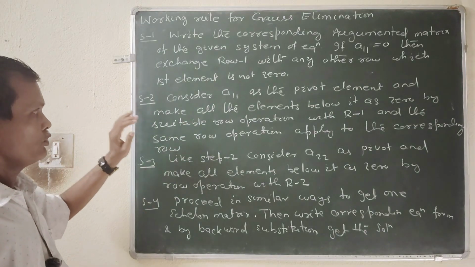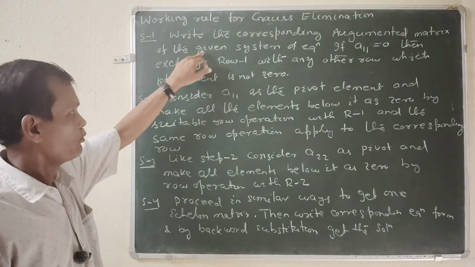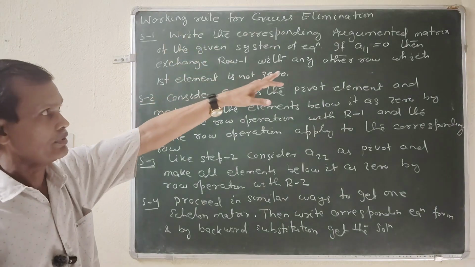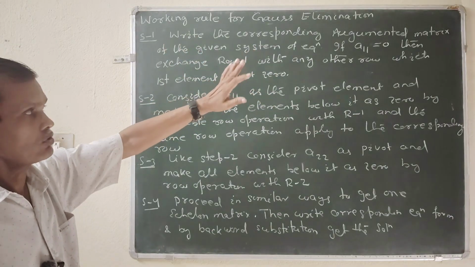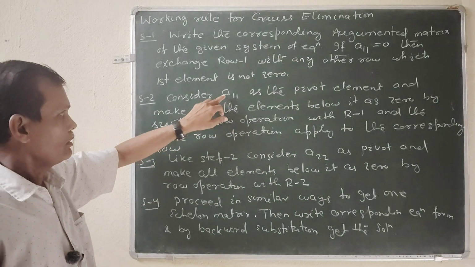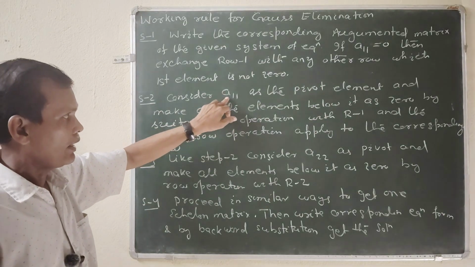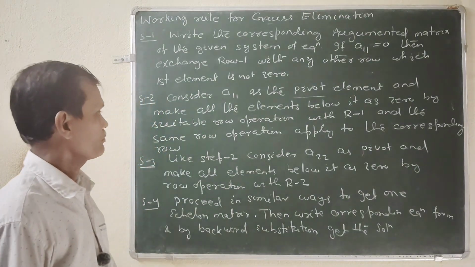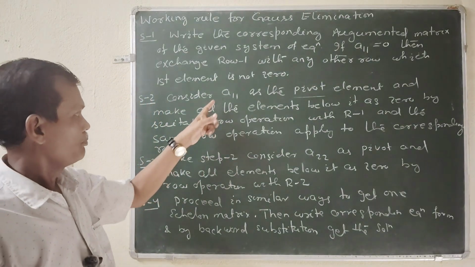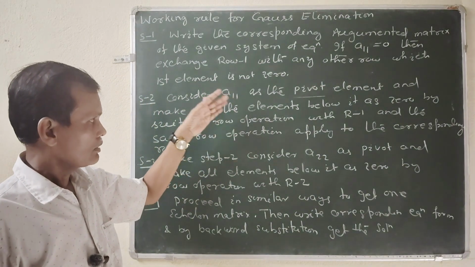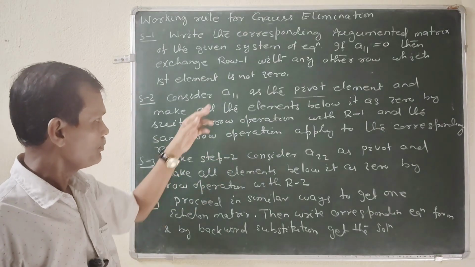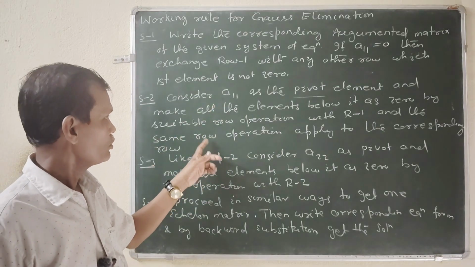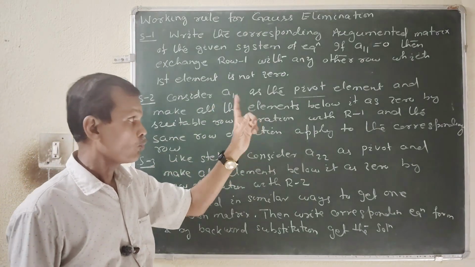In the second step, what do we do? In step 1, we have arranged that A11, the first row first column element, is not 0. Then you consider this A11 as the pivot element. Then below A11, try to make all the elements as 0 with suitable row operations using row 1.